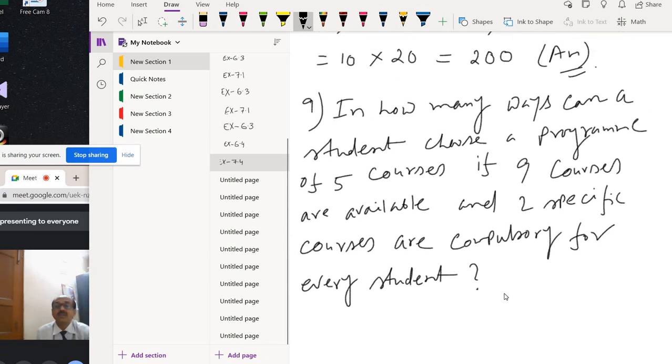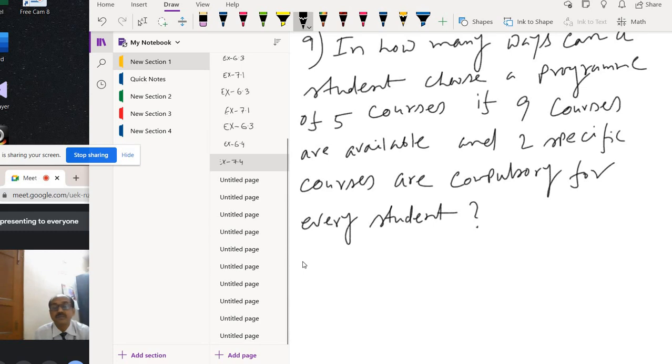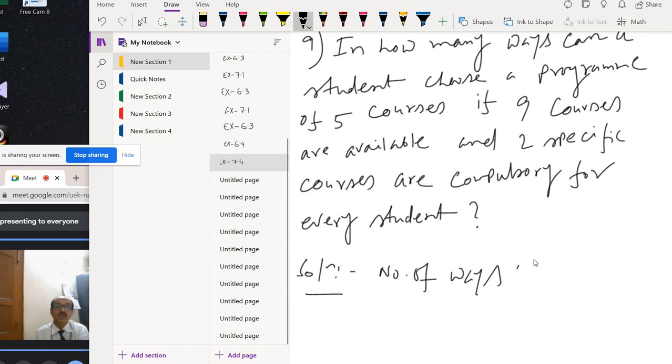Sir, compulsory courses are 2, so the other courses are 7, and 3 courses have to be selected. So the number of ways of selection will be 7C3, because the 7 courses will be selected.